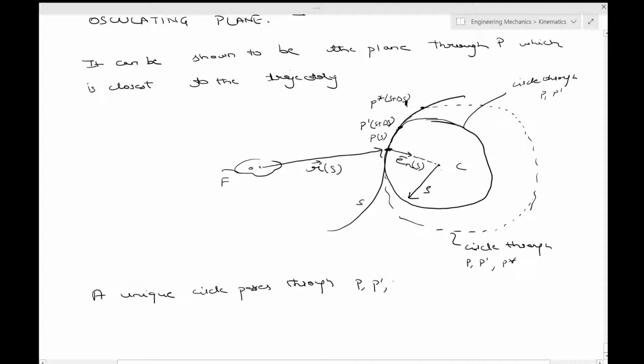You should be able to verify this. Perhaps in your school you had done this: find the equation of the circle passing through point 1, point 2 and point 3. It's a similar sort of claim being made here, that there is a unique circle which passes through these. Verify. You may have to revise what you had learned back in school for this.